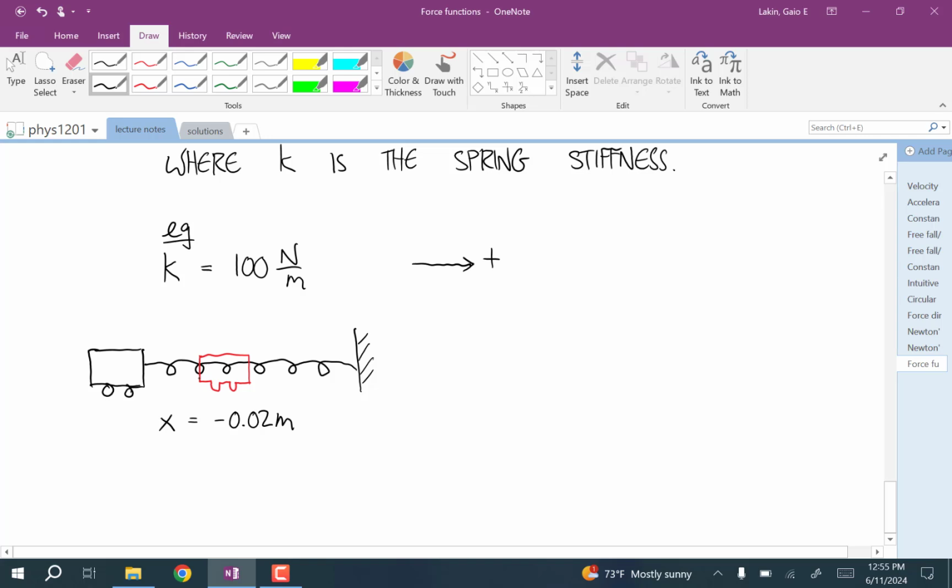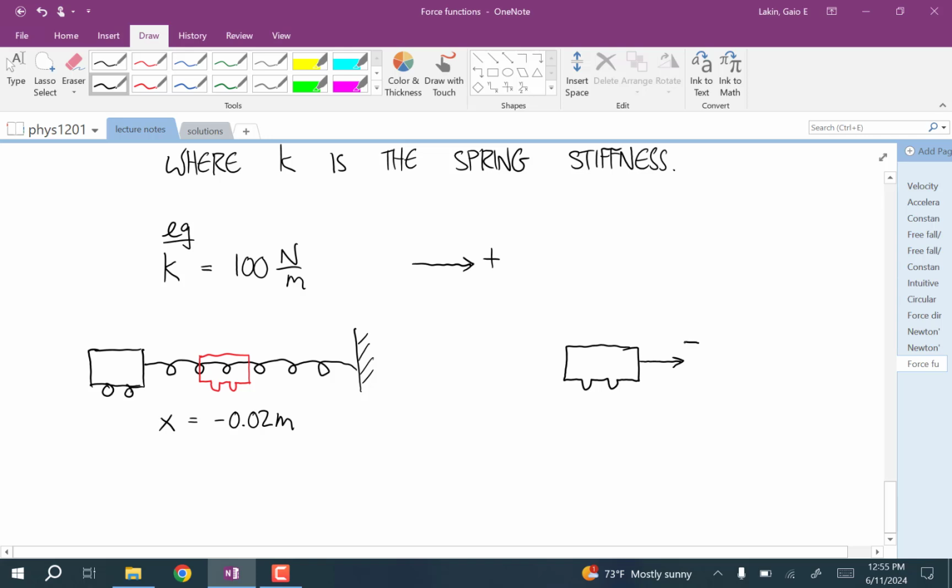Okay, now let's see how the math works. So if we draw this body, the spring force, we're going to draw an arrow in the positive direction and multiply this arrow by the number negative kx.